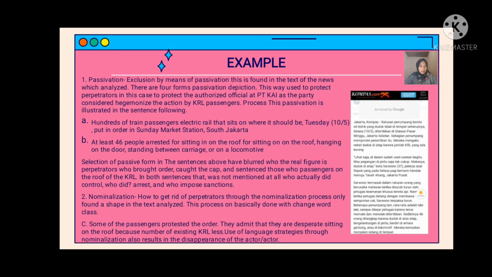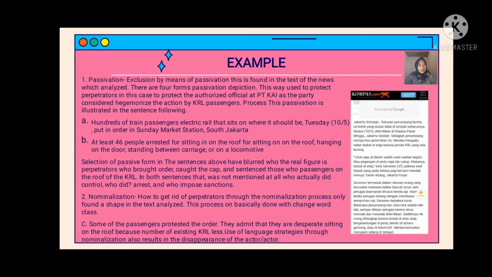This is the process of passivization illustrated in the following sentences. Actually, there are four sentences which use this kind of passivization process, but I just put only two. The first one: hundreds of train passengers, electric rails, that sat where they should not be on Tuesday, 10th May, were put in order at Sunday Market Station, South Jakarta.